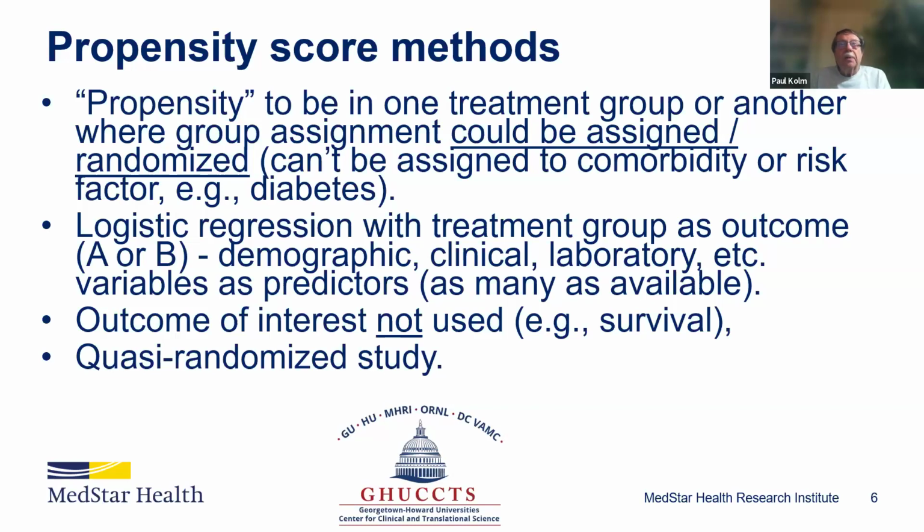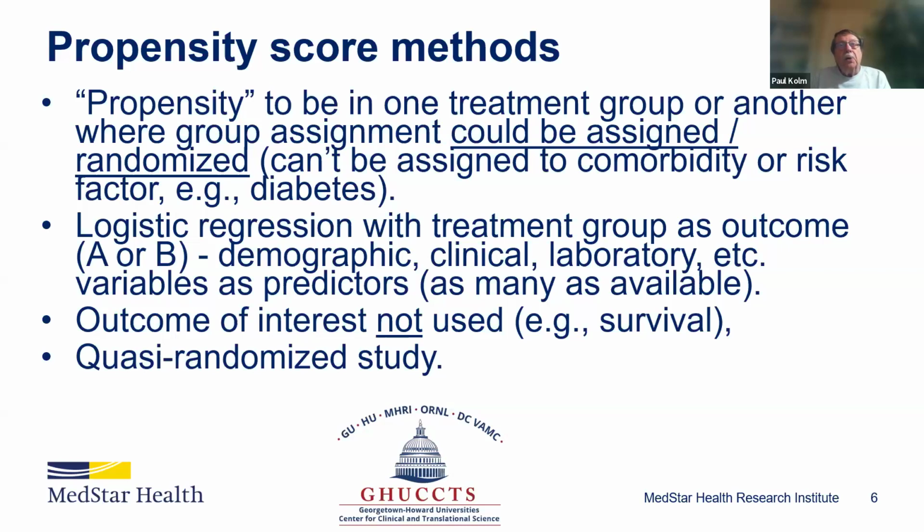Also, you don't use propensity scores to assign a comorbidity or a risk factor like diabetes, because they either have diabetes or they don't. That's maybe one of the variables you use to identify treatment group. But the idea here is that your propensity score is the propensity to be in one treatment group or another.